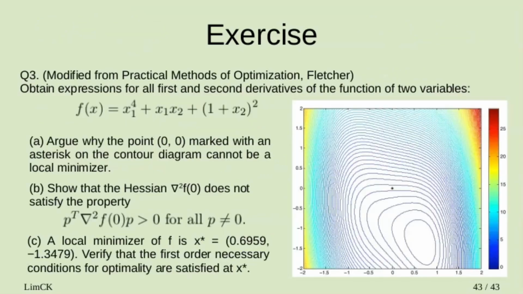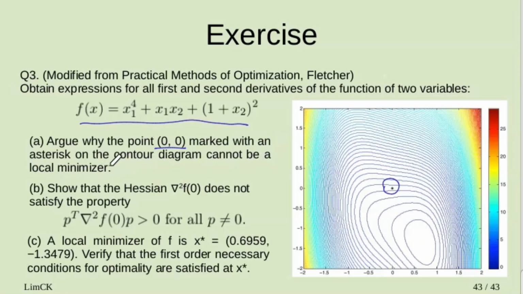Okay, for question 3, we have a function here. We want to find the first and second derivative of the function, and then we have parts a, b, c to solve. A is: argue why the point 0, 0, marked with the asterisk here, cannot be a local minimizer.